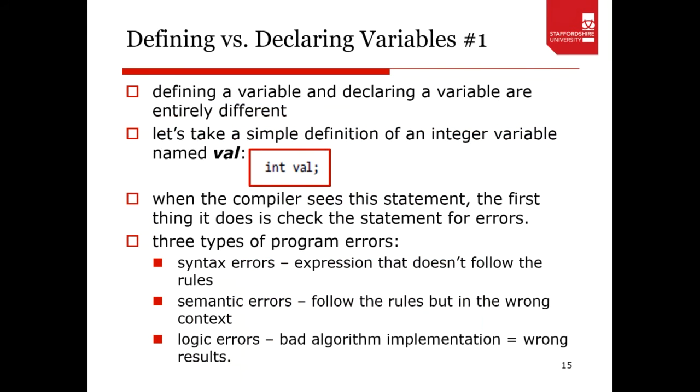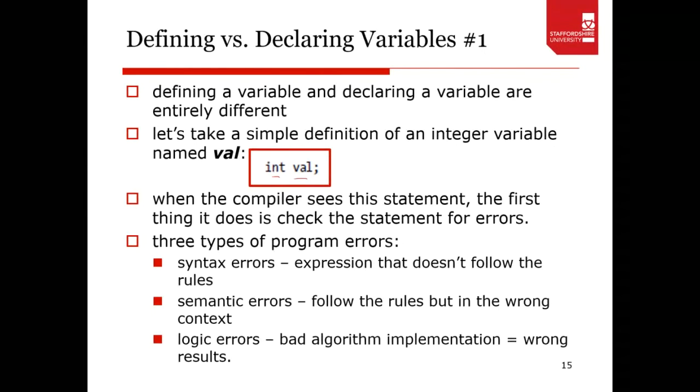Defining a variable and declaring a variable are very different. Let's take a simple definition of an integer variable called val. So we can say int val or value. When the compiler sees this statement, the first thing it does is check the statement for errors. It'll look for 3 types of errors. Is there a syntax error?